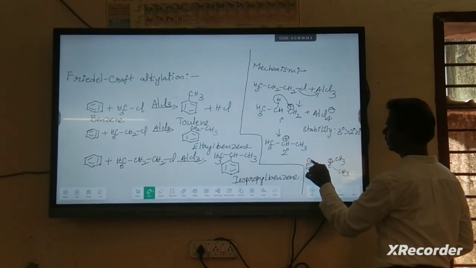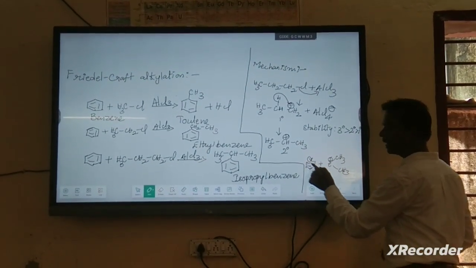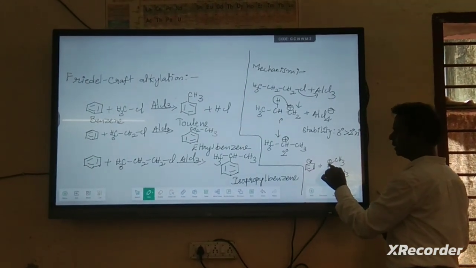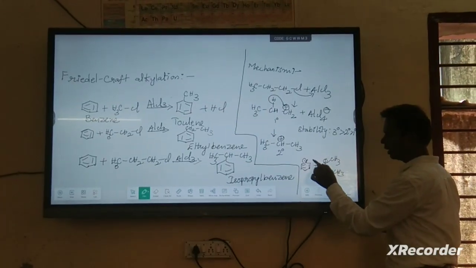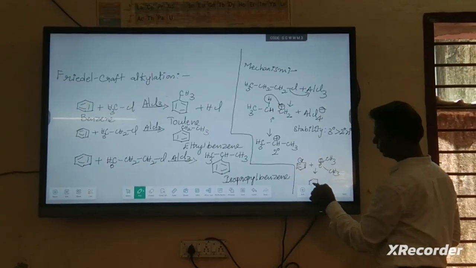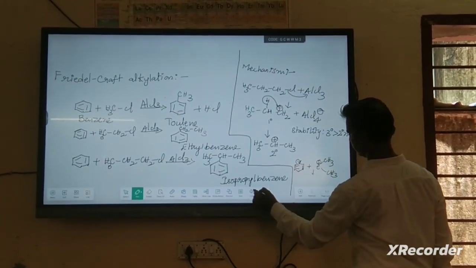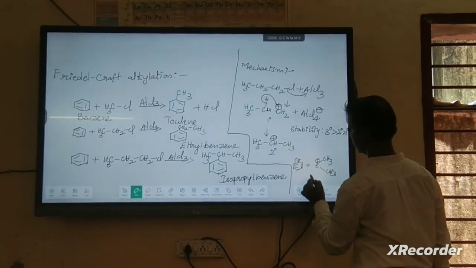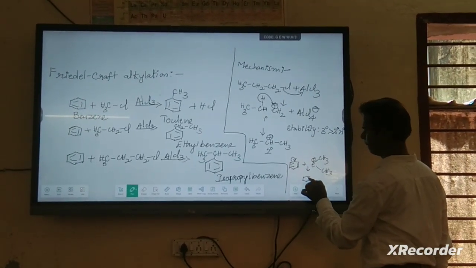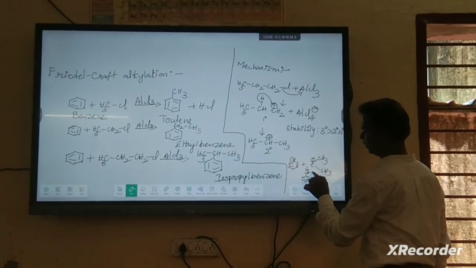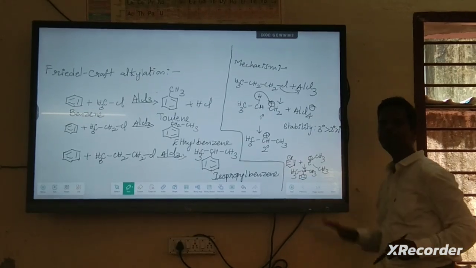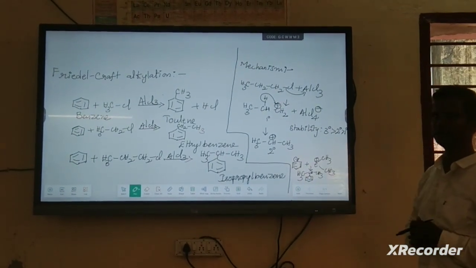The pi electrons move to this carbon, and this electrophile attaches to the benzene ring to give isopropyl benzene. It is cumene.